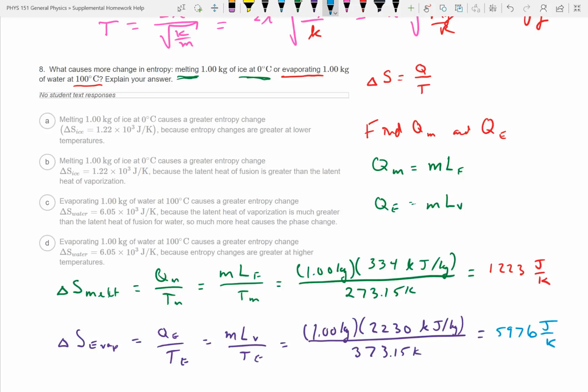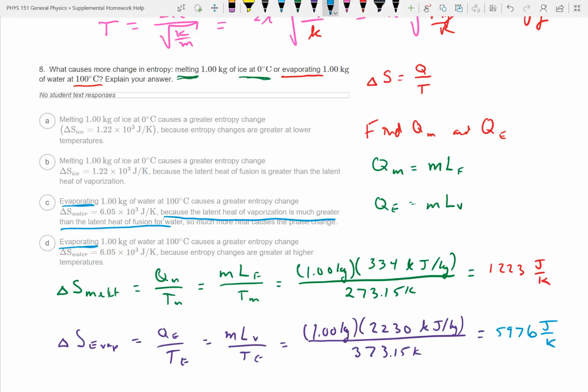So we're going to go with evaporation, one of these two, and then we look at the rest of it, because the latent heat of vaporization is much greater than the latent heat of fusion. That's true. And entropy changes are greater at higher temperatures?